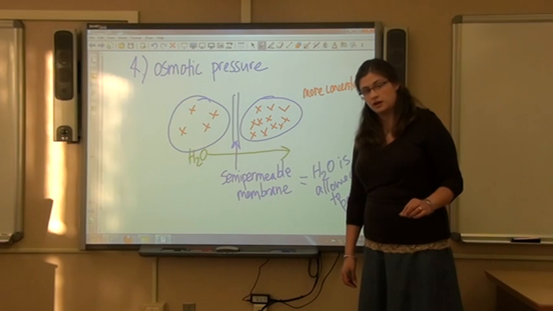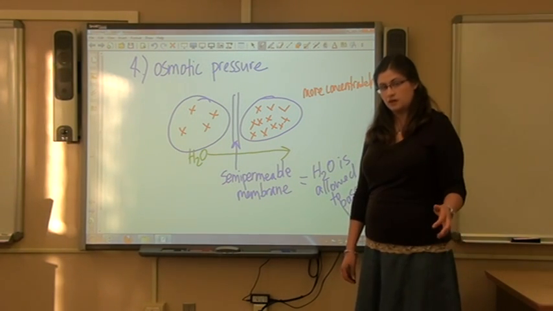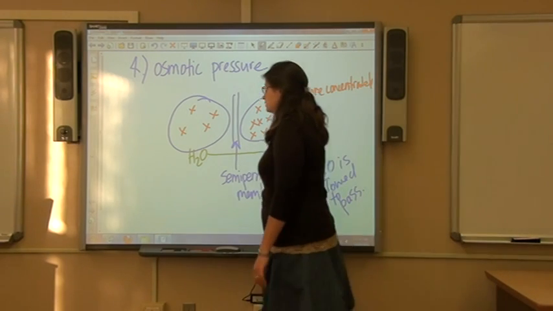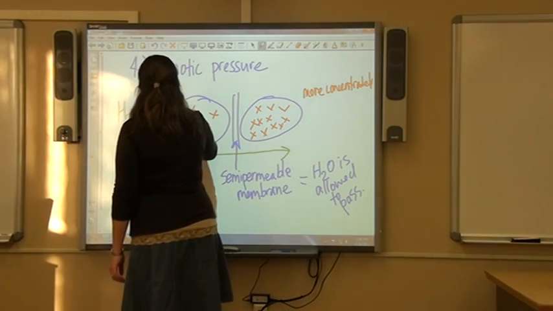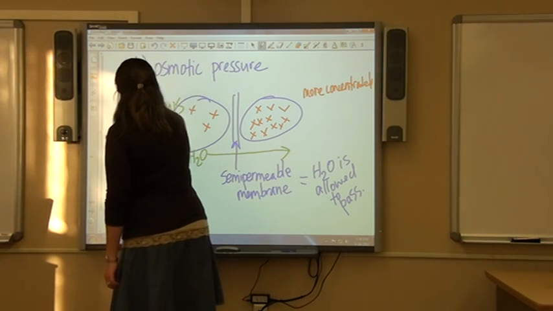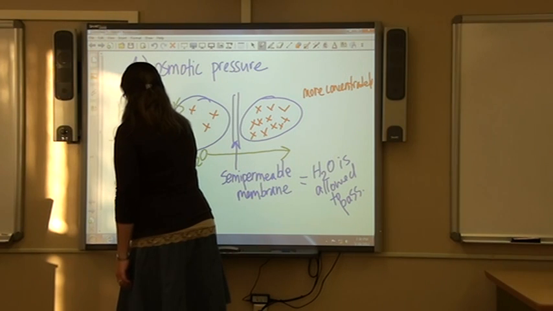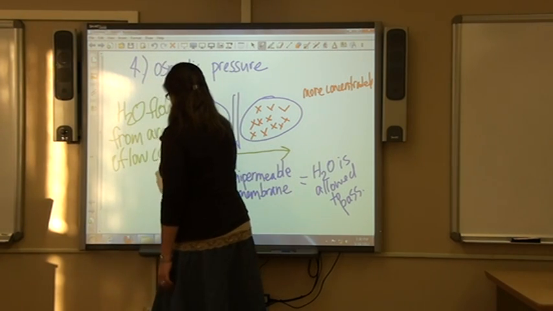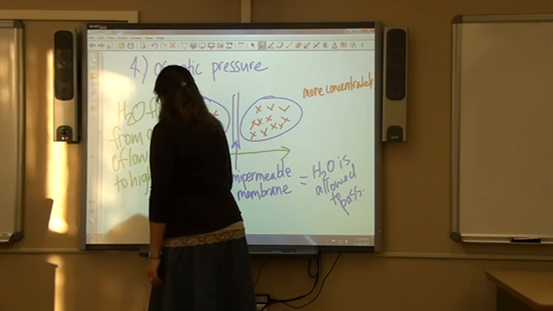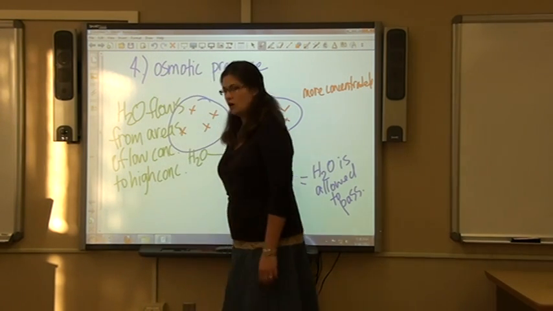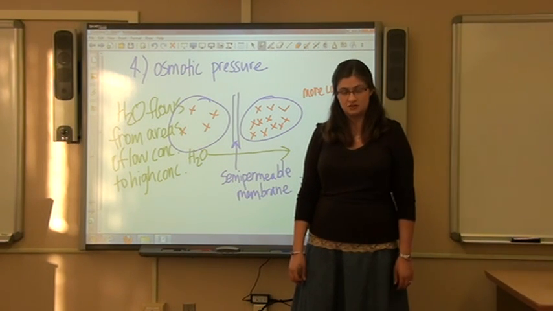This is what I want you to write down, tattoo it on yourself, put it someplace where you can have easy access to this. This is very important. Water flows from areas of low concentration to high concentration. Why? To equalize the concentrations.